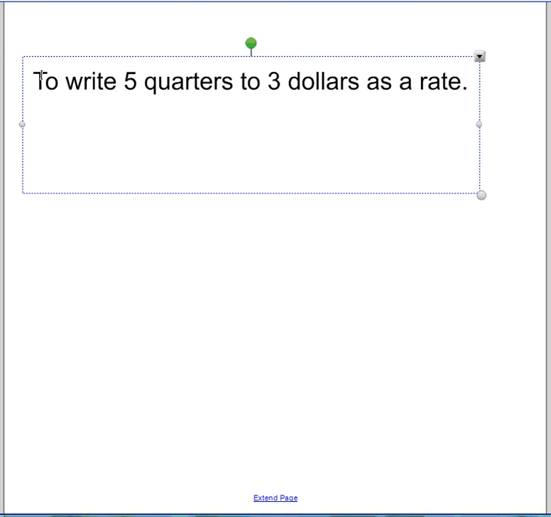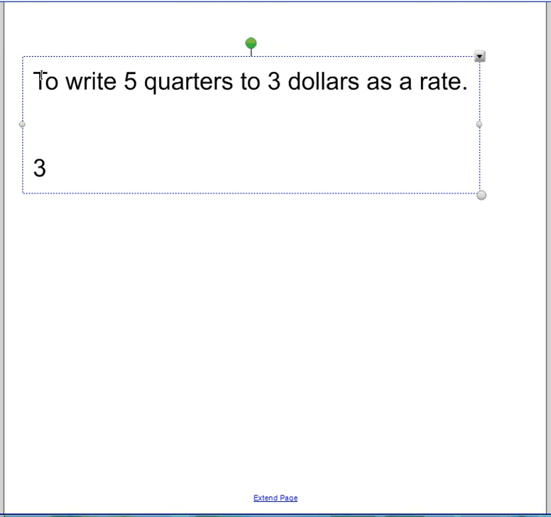Remember, your rate has to have the same units. Here, we do not have the same units. And so we either need to compare quarters to quarters or dollars to dollars. And since 5 quarters don't make a whole dollar, and I like to stick with whole numbers if I can, let's go ahead and change $3 into quarters.